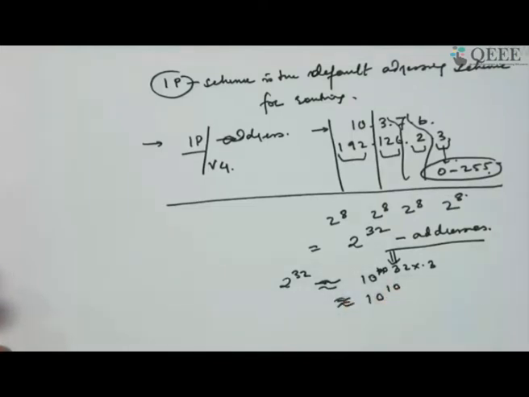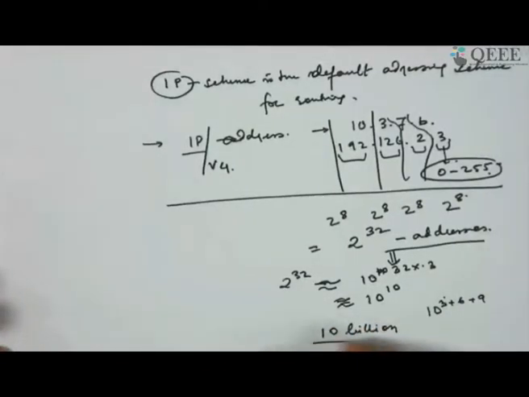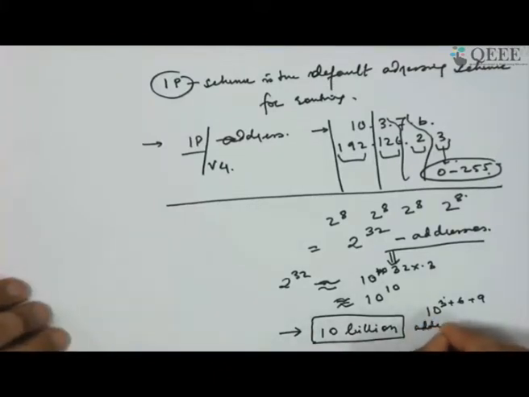So how much is 10 to the power 10? 10 cube is 1000, 10 to the power 6 is a million, 10 to the power 9 is a billion, so it is 10 billion addresses available.